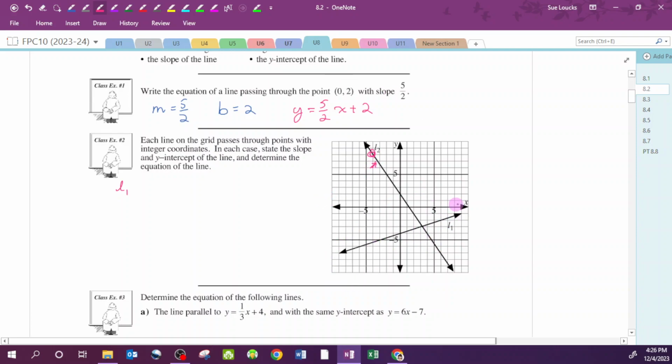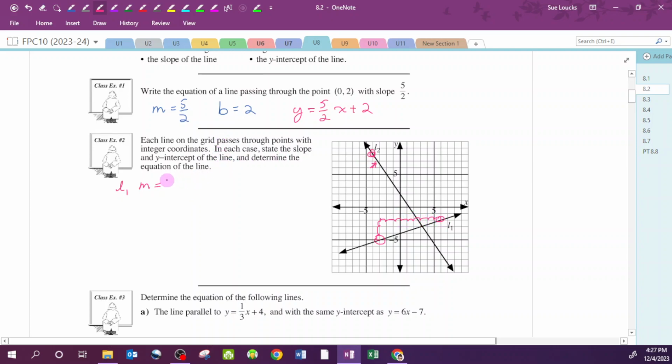But let's do line 1 first. So I see a point there that crosses at an intersection, a lattice point, and this one here. So my slope, looking at this, is 1, 2, 3, my rise, and then the run, 1, 2, 3, 4, 5, 6, 7, 8, 9.